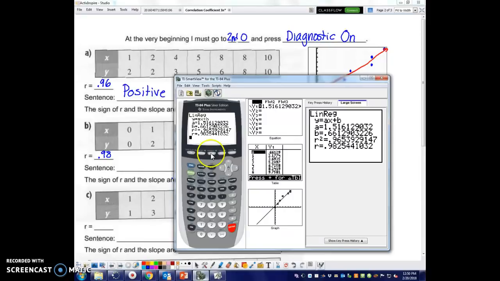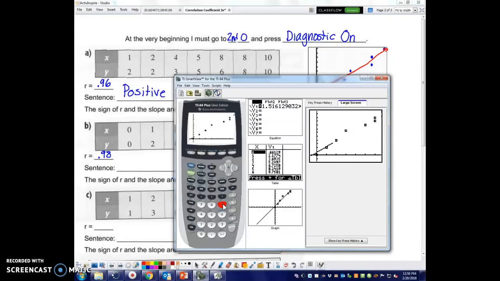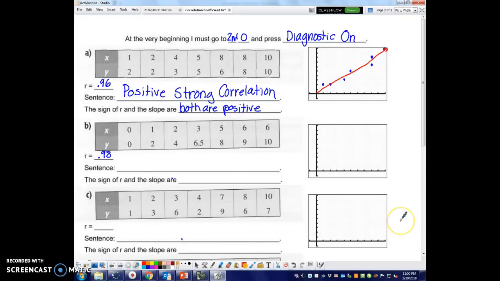Oh, but remember zoom 9? This will show us exactly what everything should look like. Okay, so now we need to draw the scatter plot. Okay, so 0, 0, 1, 2, 2, 4, 3, 6.5, 5, 8, 6, 9, 1, 2, 3, 4, 5, 6, up to 9.